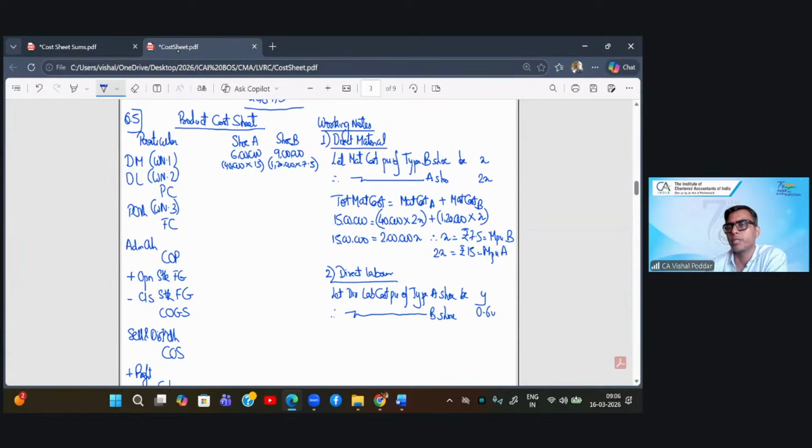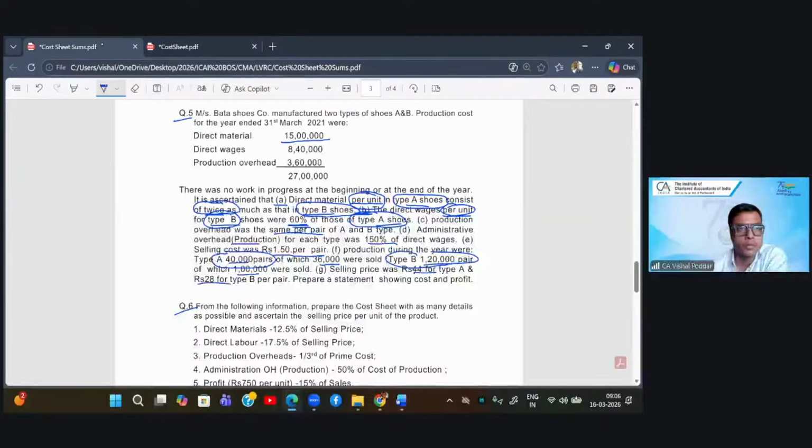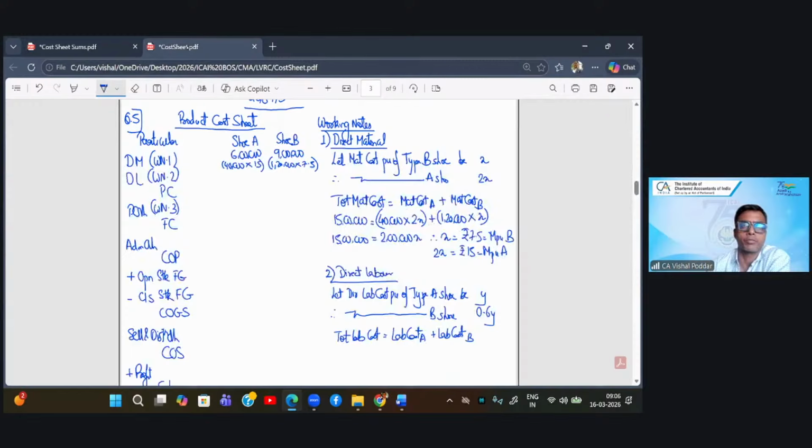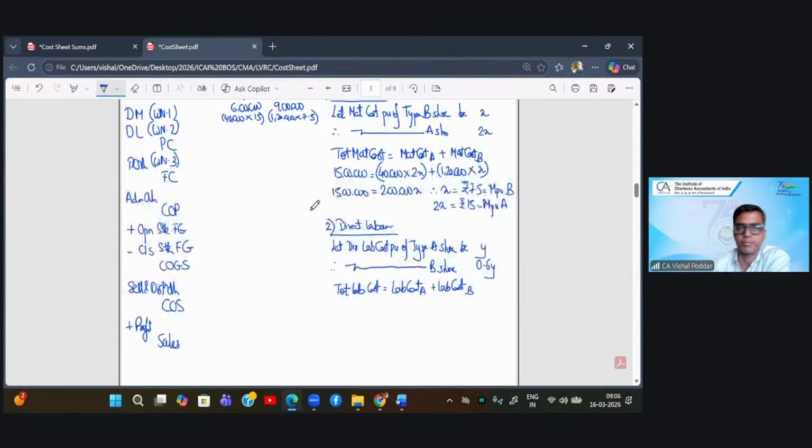It will be 0.6Y because it is 60%. Now again the same equation: total labor cost is equal to labor cost of A plus labor cost of B. How much is this total? Total is 8,40,000.